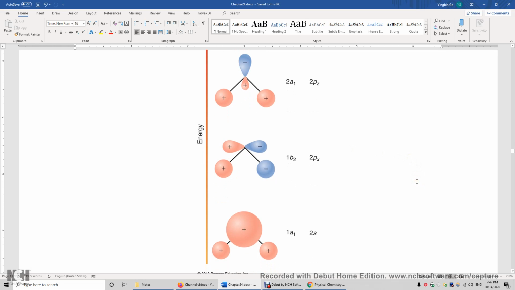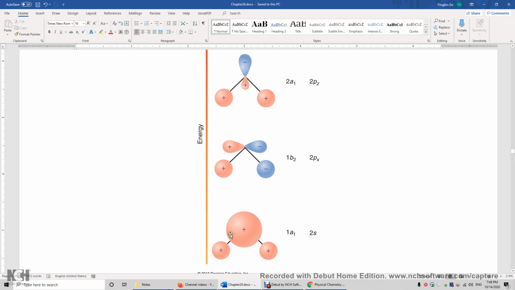And similarly, if you compare the localized MO theory versus this canonical MO theory, you can somehow relate the number of sigma bonds in the localized MO theory to these 3 bonding orbitals. So you can see there are 3 bonding orbitals, but it doesn't mean there are 3 bonds. We can argue that this is not an entirely bonding orbital.